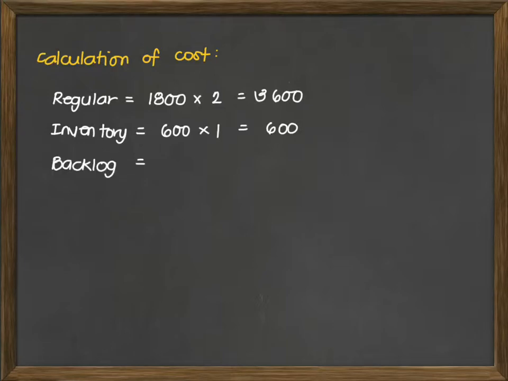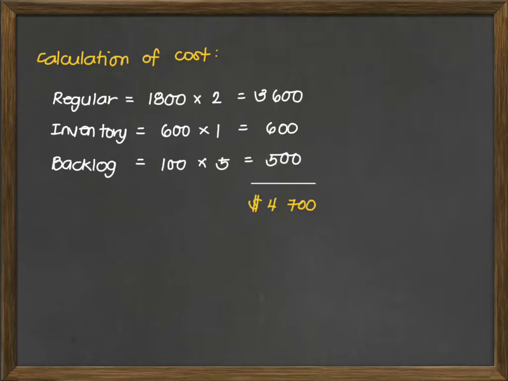And finally, for the backlog, that's 100 units times 5, that's $500. Now, if you're going to get the total, to get the cost of this plan, so we have a total of $4,700. So, dun sa plan natin na level production with a steady rate of regular output, ito yung cost ng plan na iyon.